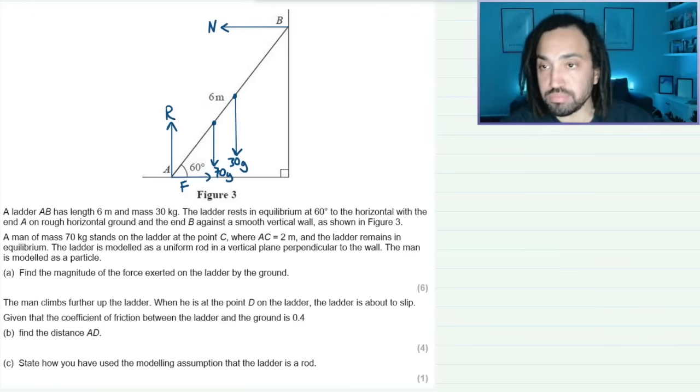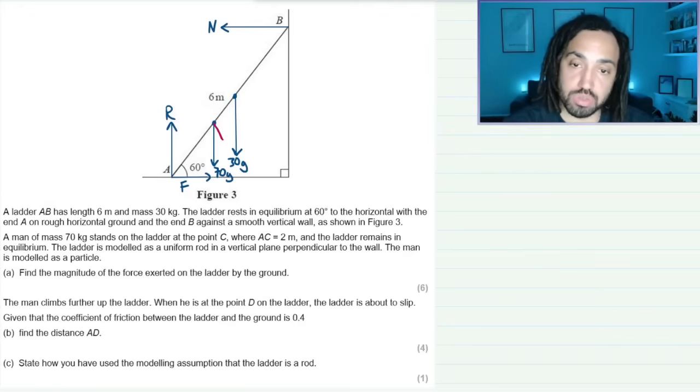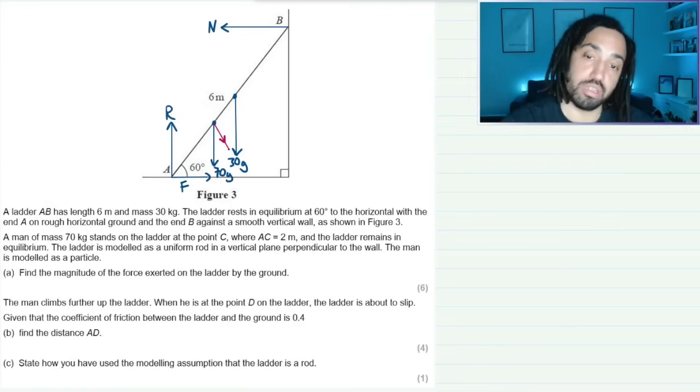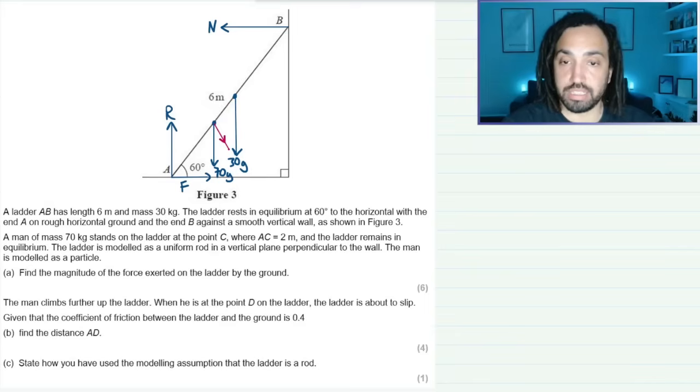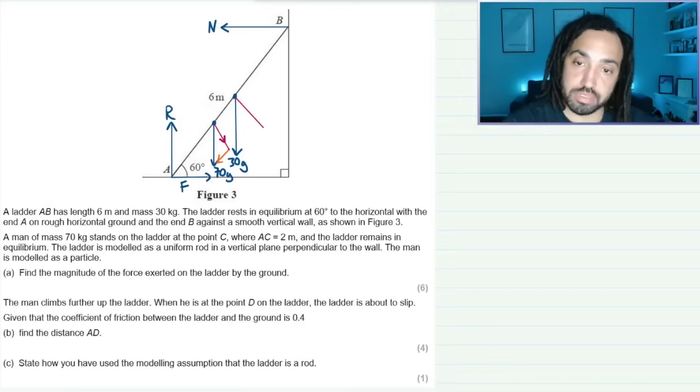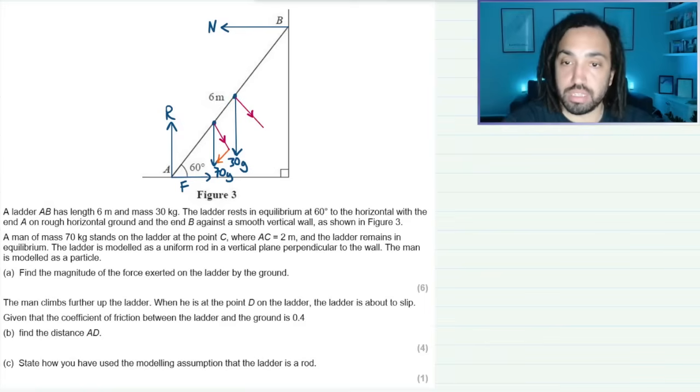Okay. What I'll do next is I'll draw on my components, which are perpendicular and then parallel to the ladder. So I have this one here, and that one there, and then this one here, like so, and this one like this.